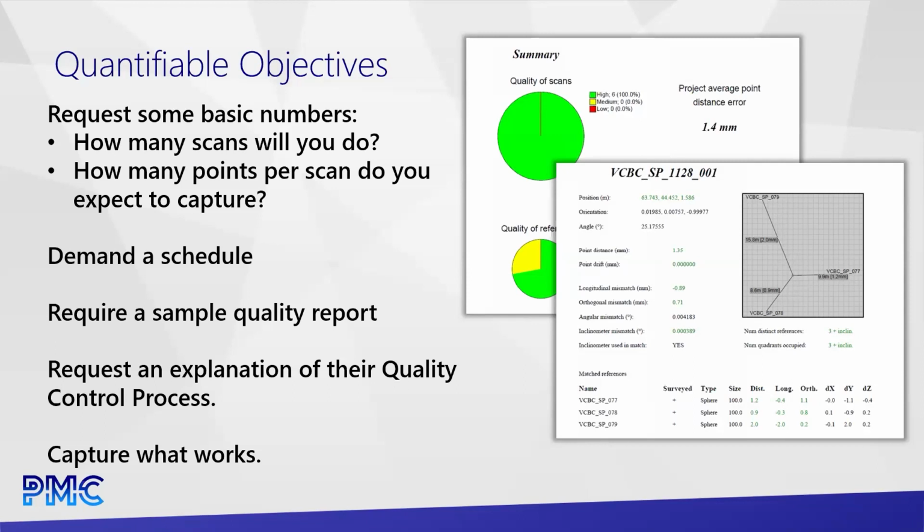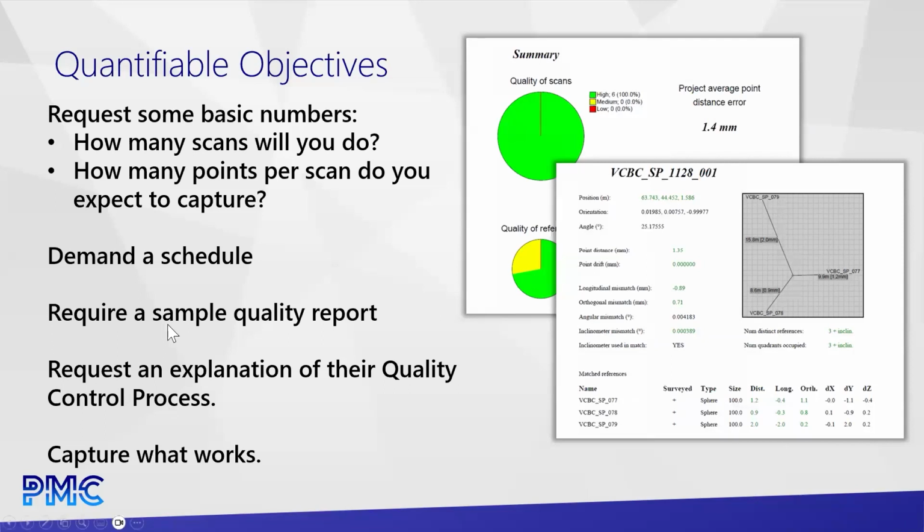So understand what that schedule is going to look like: how many days on site, how many days to register, how many days to get the final output data, basically how many days until you have, if you're not having us do the modeling or someone else, workable point clouds in your hands from the start of the first day on site.